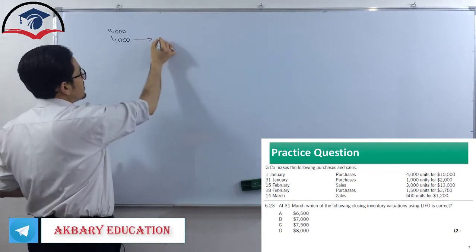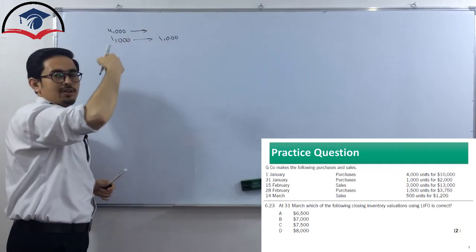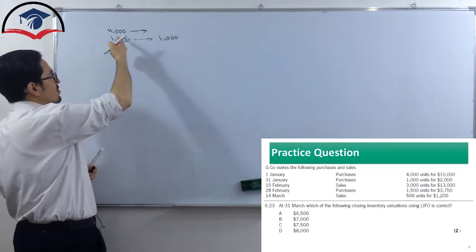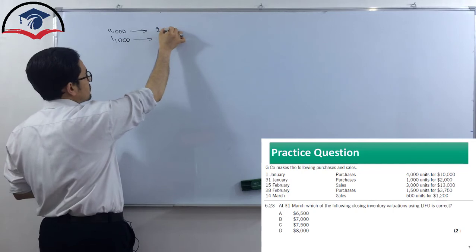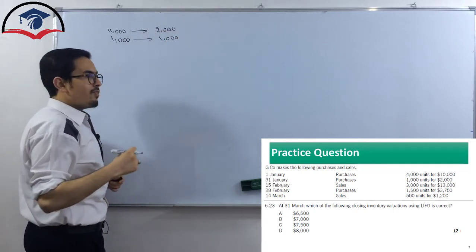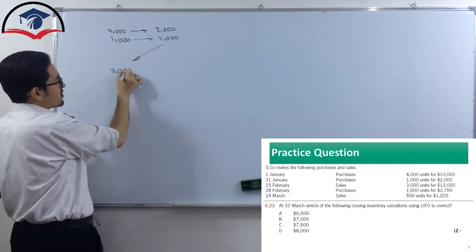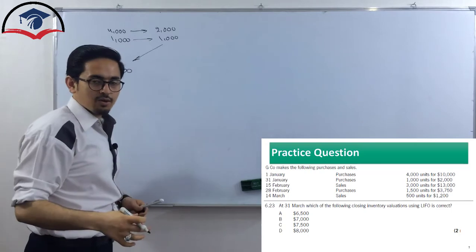Therefore we're going to issue this 1,000, and in addition to that we will go to the last one, which was 4,000, and 2,000 from this one, which totally ends up at 3,000 units issued. Therefore the remaining balance from the first batch is 2,000 units still going down.